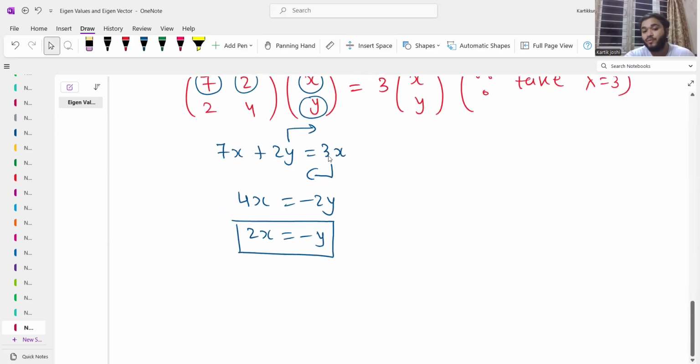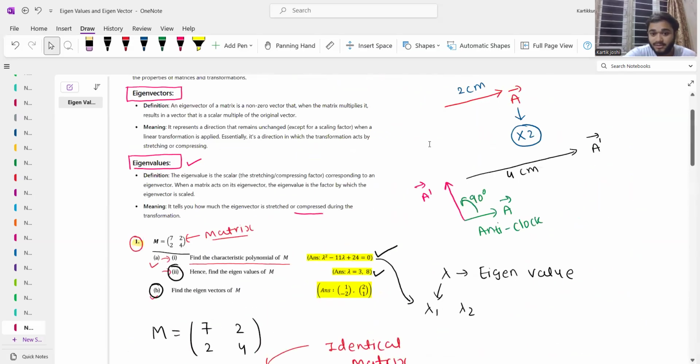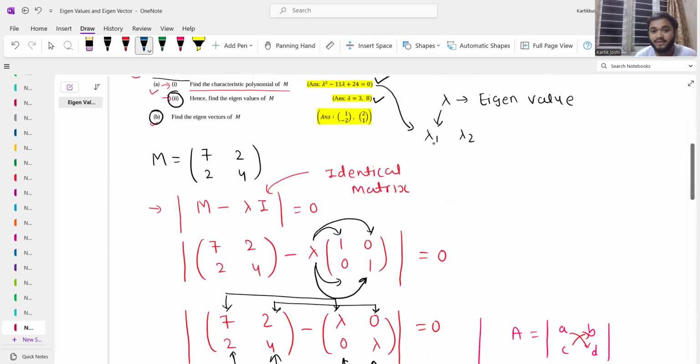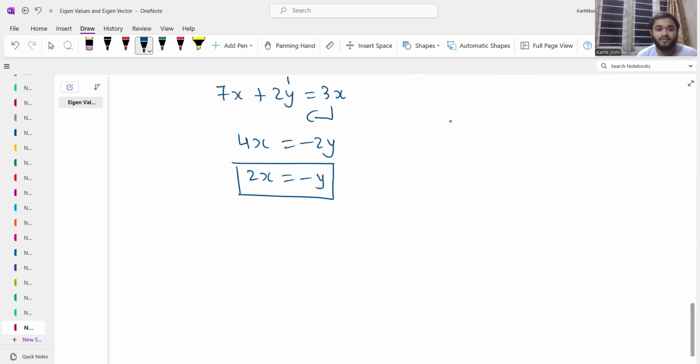So what can we do? We can take X is equal to 1, then we get Y is equal to minus 2. You can always take X is equal to 1 or X is equal to 2.